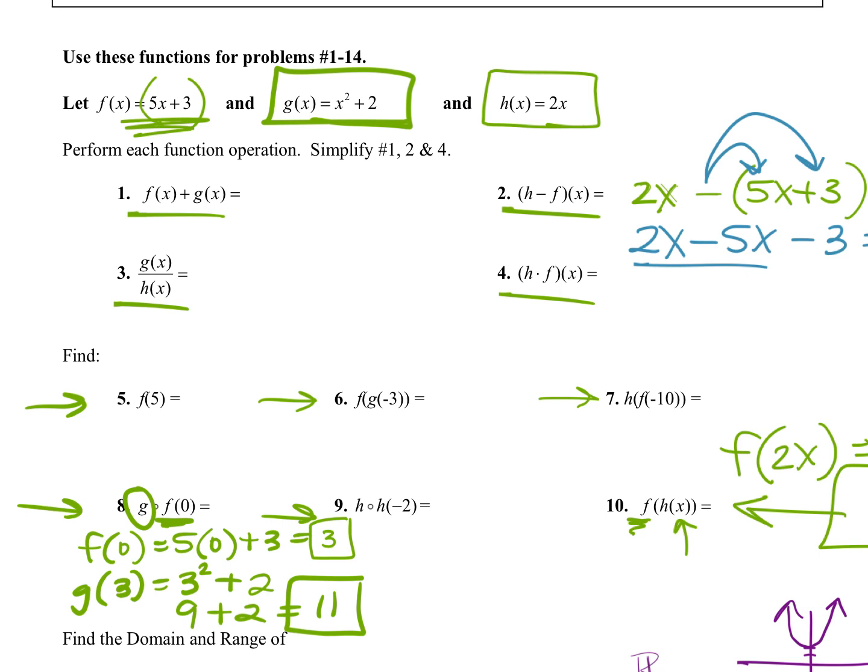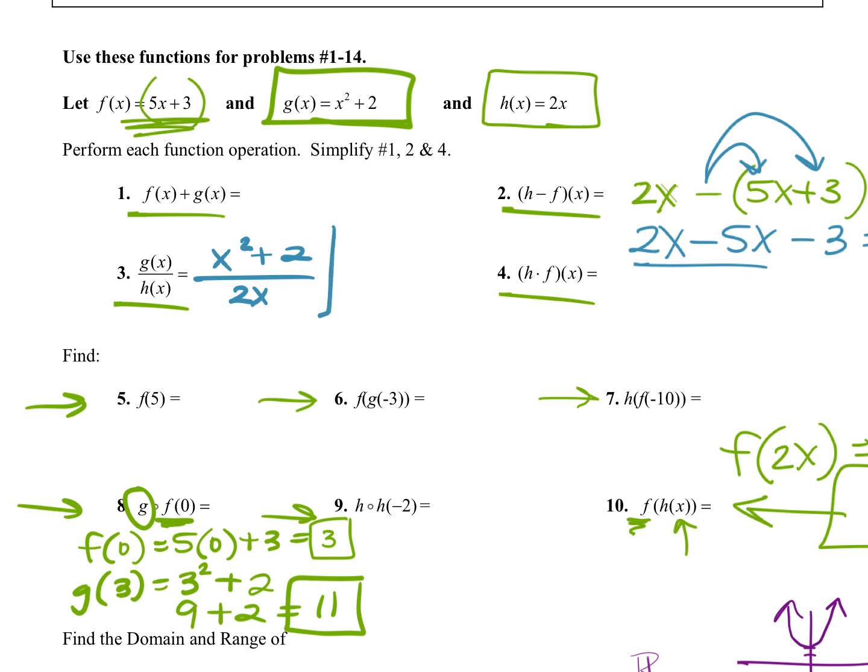Yes. 3 is division. So g of x is x squared plus 2. H of x is 2x. It's tempting to try to divide by x, and it's tempting to try to divide by 2, but if you can't do every single piece of it divided by x or every single piece of it divided by 2, you cannot do it, okay?